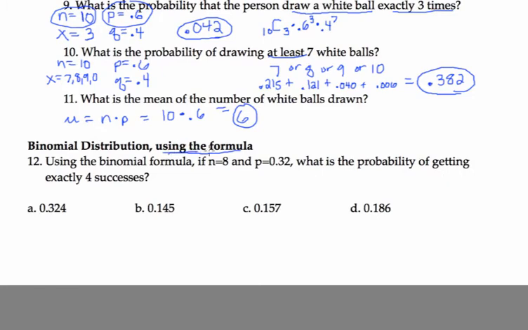This time we're supposed to use the formula. So you go to your formula sheet and write down your formula. Then let's figure out each of our pieces.